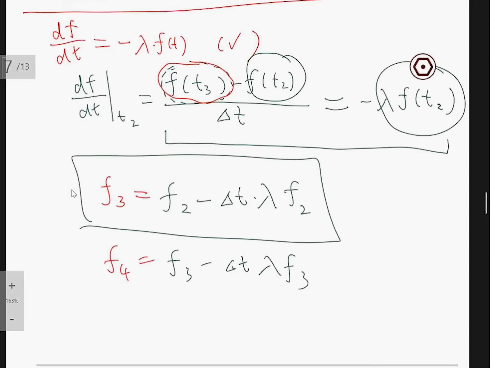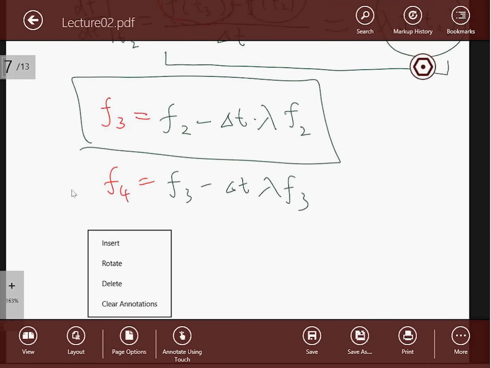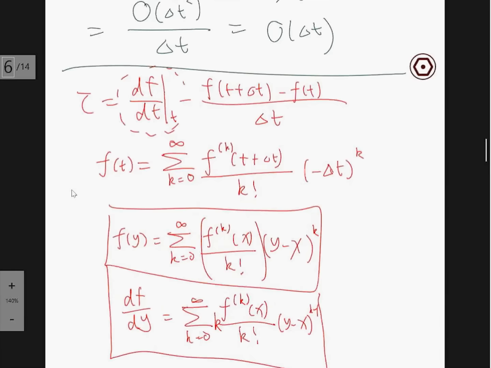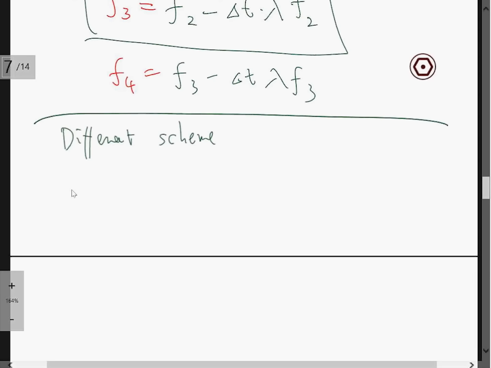Okay. Let me do it again using a different scheme. Another way to approximate the function.